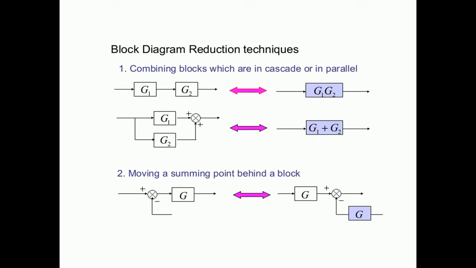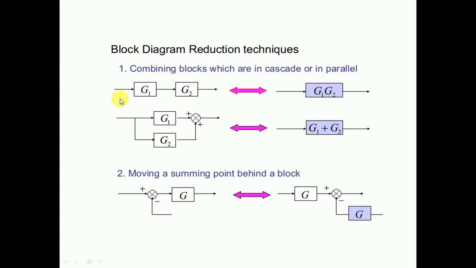So this is the first rule: combining blocks which are in cascade or in parallel can be reduced into an equivalent form. To write the equivalent form, I will give you one trick: assume an input, let me take it as x, and output as y. In both cases, the reduced form of the block diagram and the initial form should have the same input and same output values.